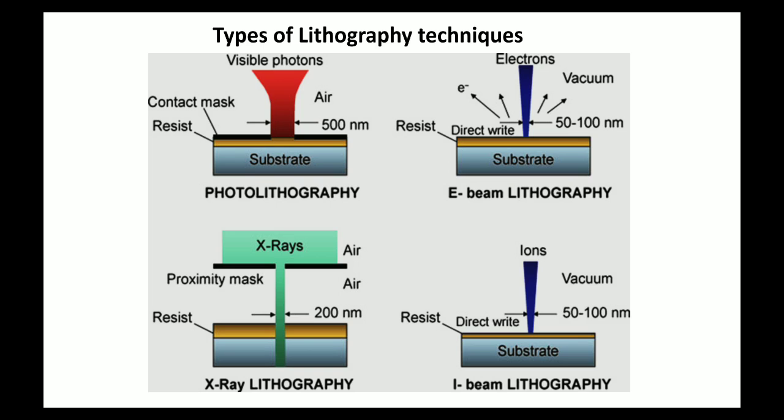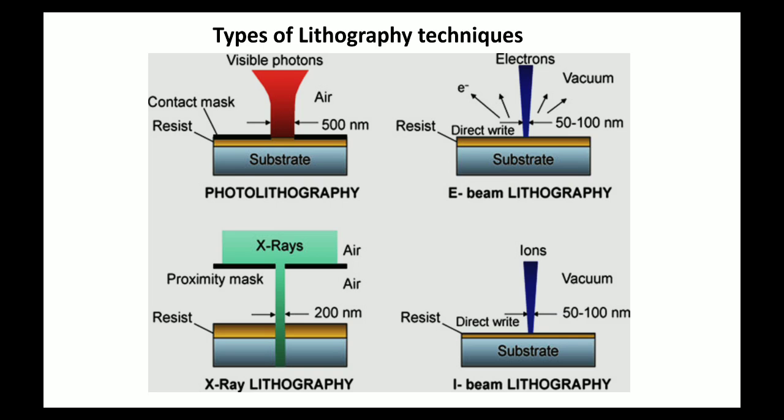E represents electron. A beam of electrons is used to make the pattern. We are going to see photolithography and E-beam lithography techniques in detail.